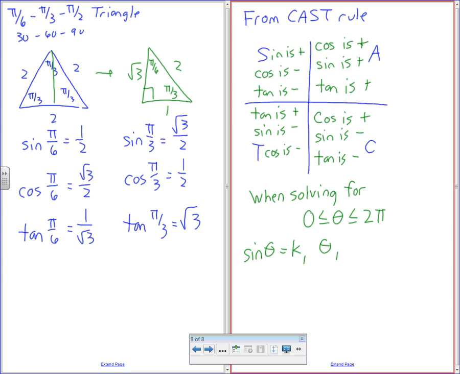What other quadrant will have the same answer for sine? Let's say sine's positive. Wait, which quadrant? This is first, second. Yeah. So the second answer is going to be pi minus theta. And this is actually an identity too, and we'll talk about why that works.